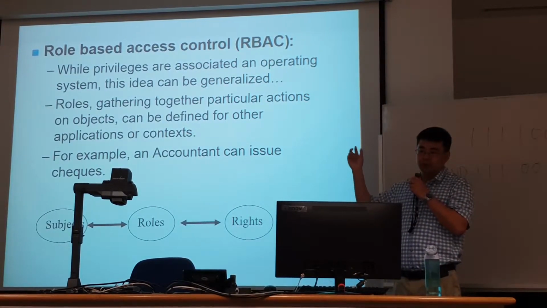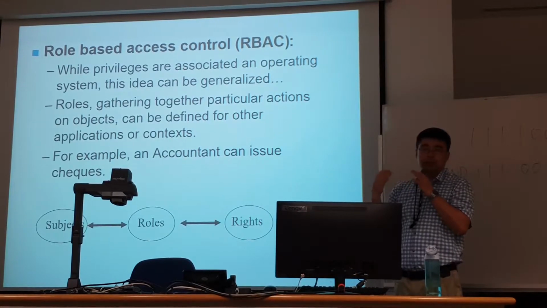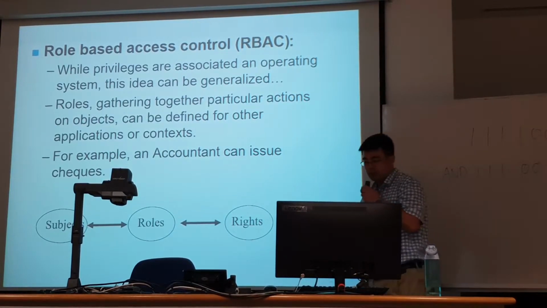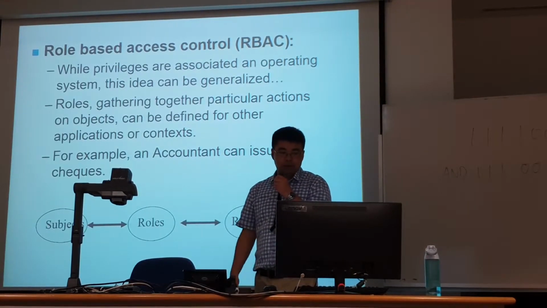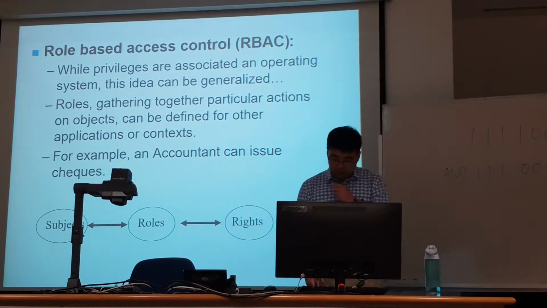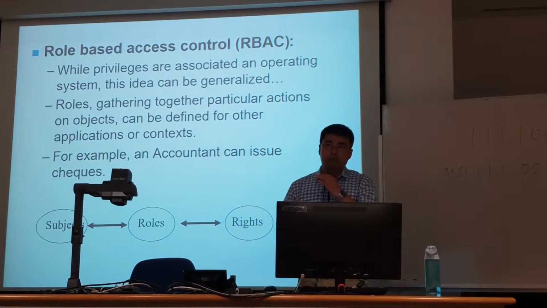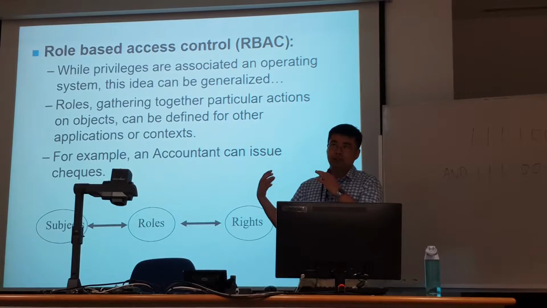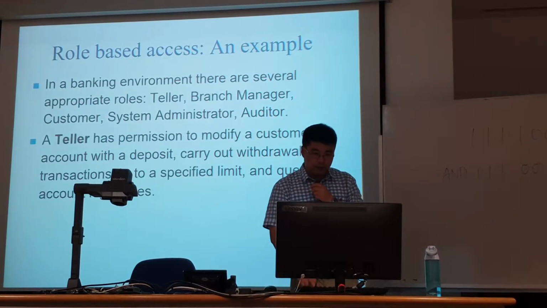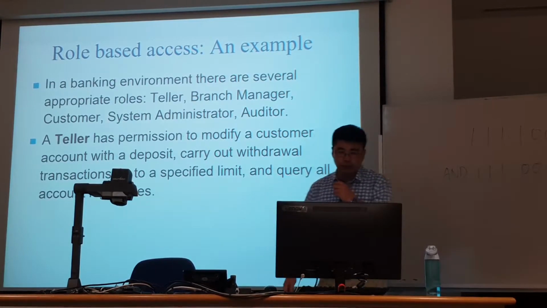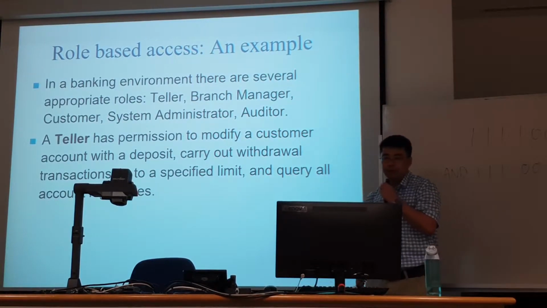Compared with the previous groupings, this may allow us to manage access control even more easily. For example, we can define inheritance. If user A has a particular role, then user A can inherit all the permissions of another role. This is one example of how we can use role-based access control to simplify the management.